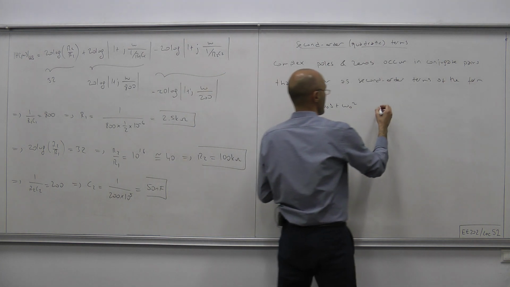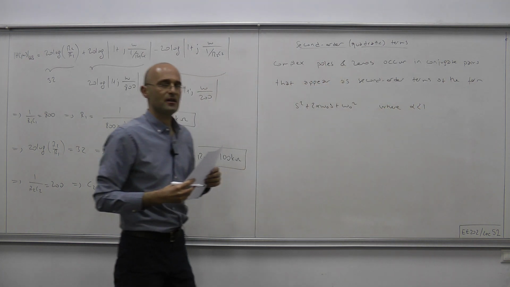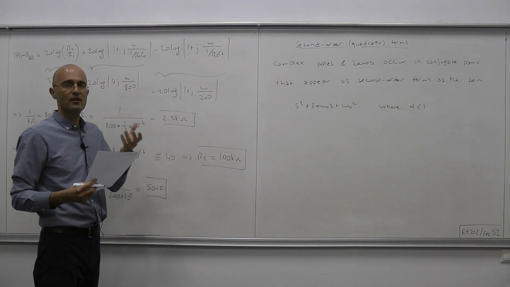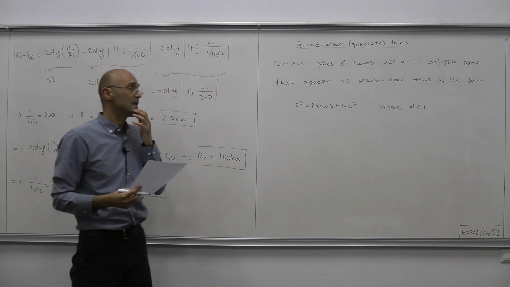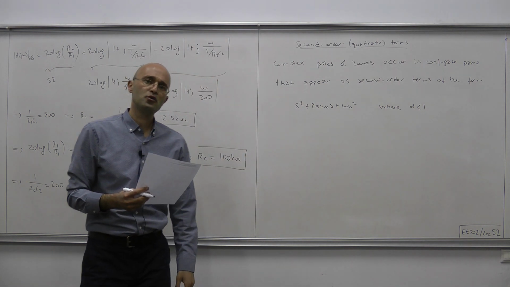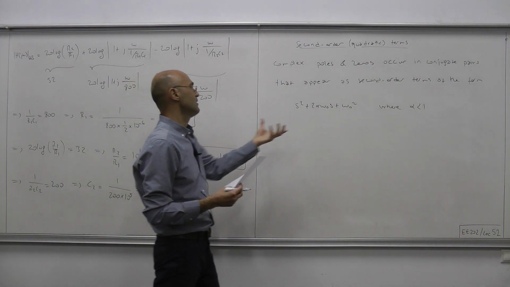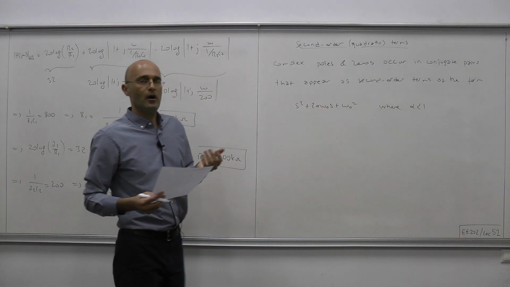Here alpha is strictly less than 1. If it's greater than or equal to 1, then this can be written as a product of two first order terms with real roots, and when that's the case, we already know how to deal with them.